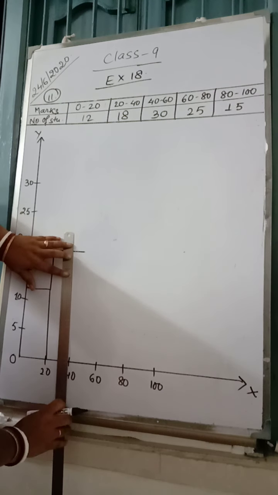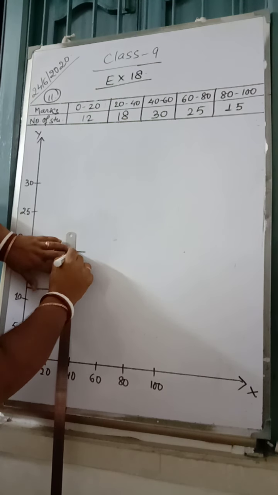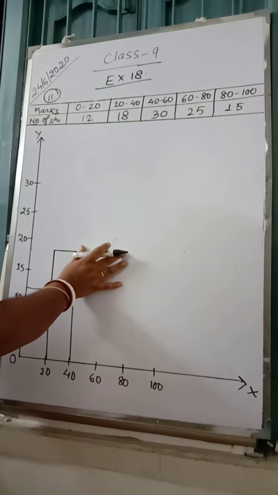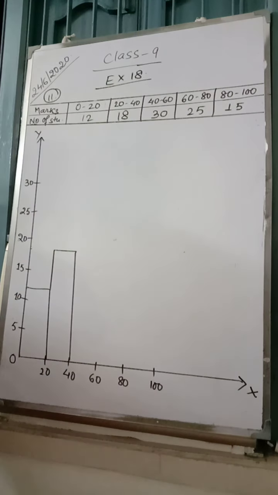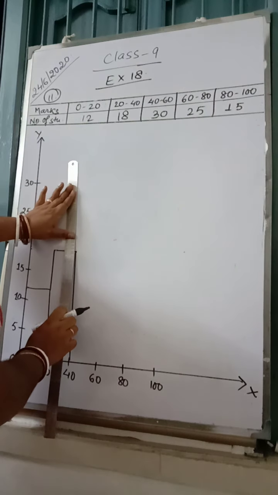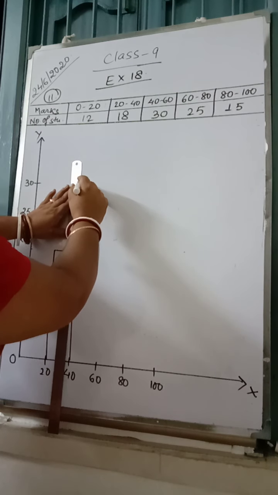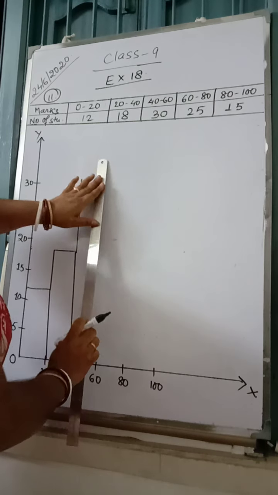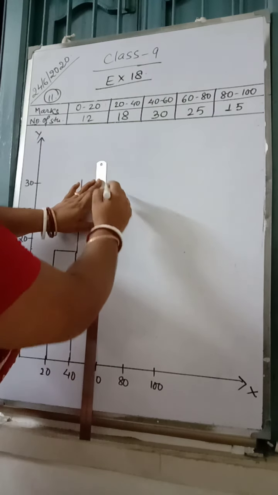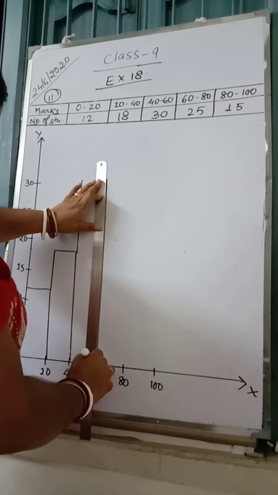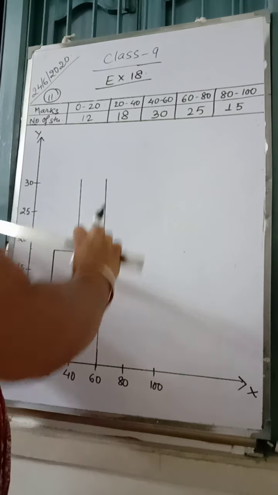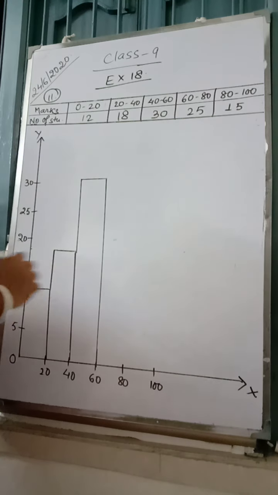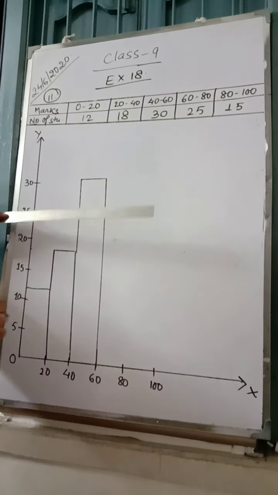That will go to the 40. Next we have 30. So this line will be going up to 30. This is done. Next we have 25.